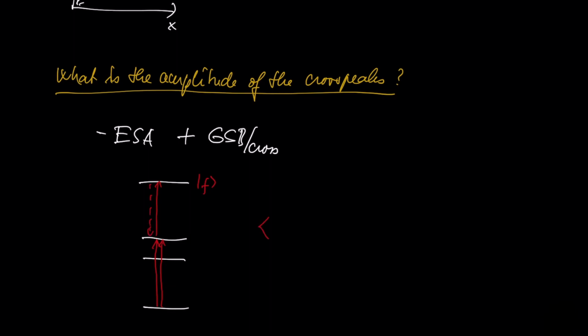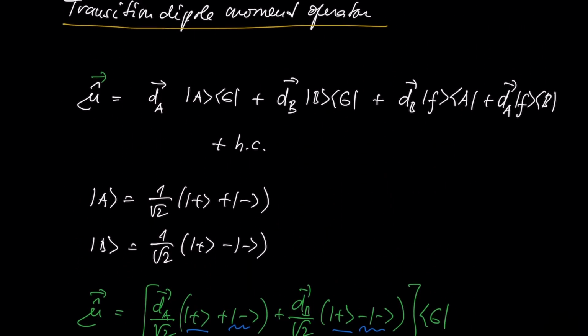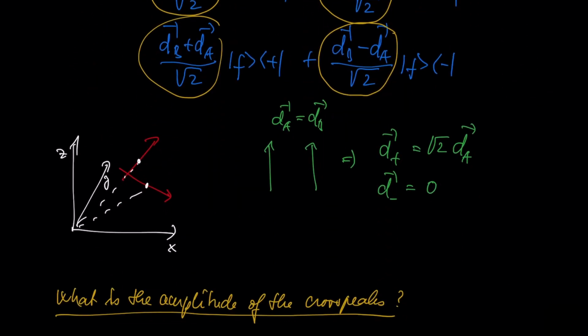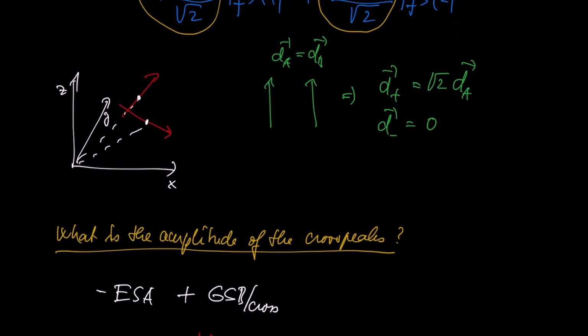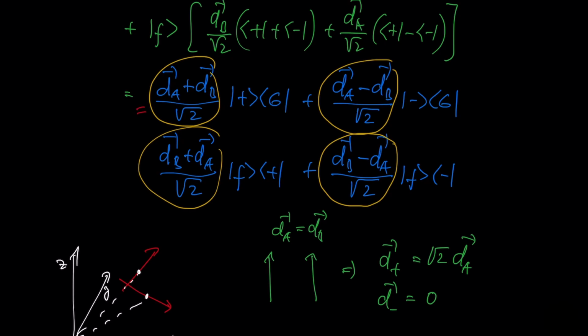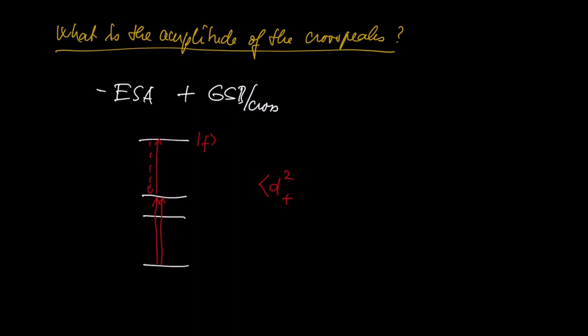So this has a factor, the dipole factor, basically d plus square, because in our diagram the plus state is the upper one. Okay, so the plus square, and we see that d plus occurs also for the transition plus to F, so this is also d plus. Okay, so eventually actually we figure out that this is d plus to the fourth with minus.